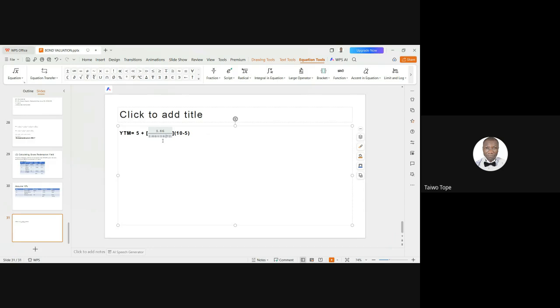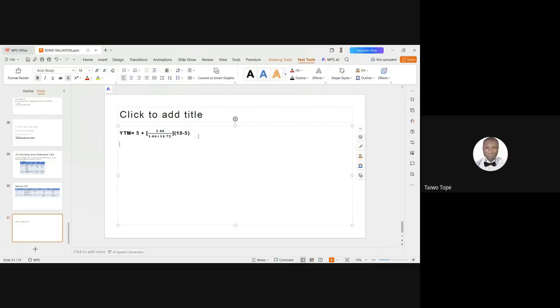Multiply by 10 minus 5, 5. Multiply by 5, I have 0.45 plus 5. I have 5.451. So your yield to maturity will be equal to 5.45%.